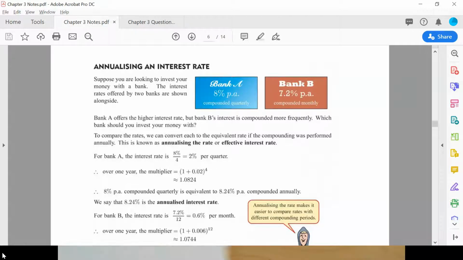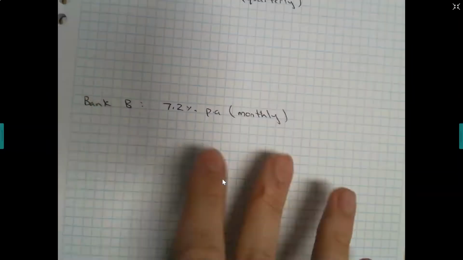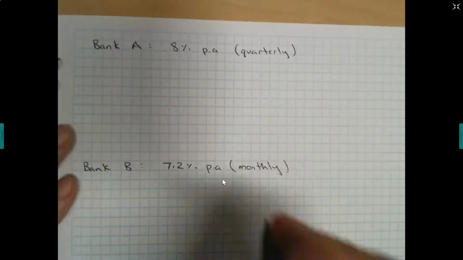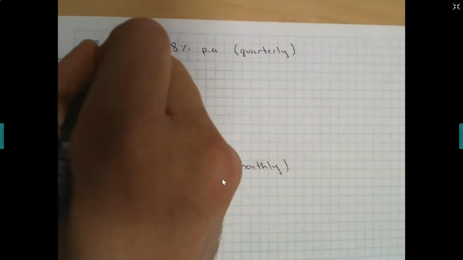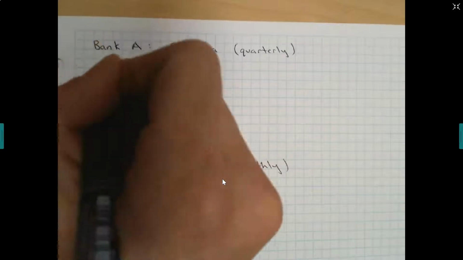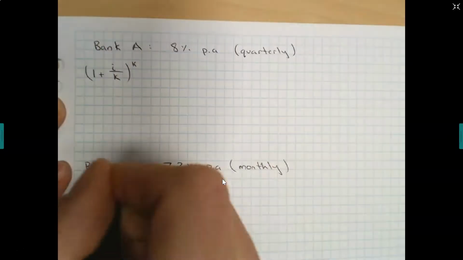So again, we're going to use the same method that we were using before, and you'll notice that they use this multiplier. So we have 1 plus I over k to the power of k.